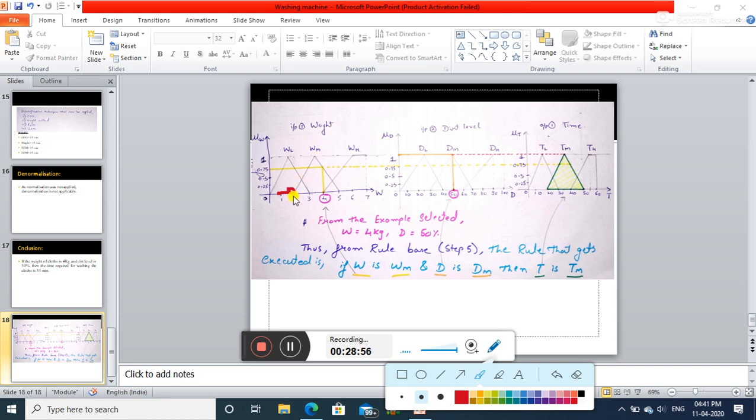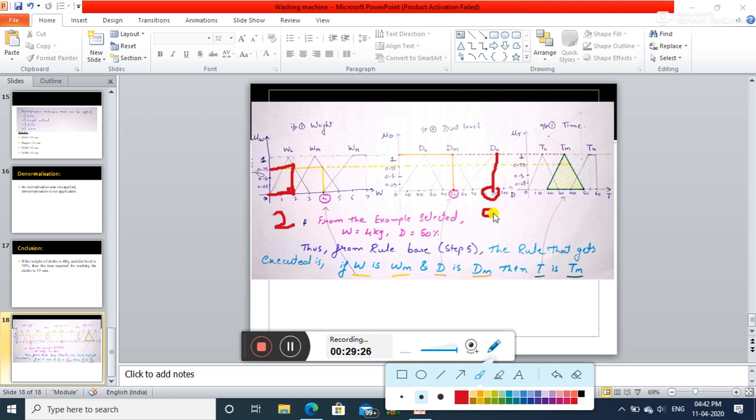Sorry, in medium weight it has a degree of membership of 0, whereas in low weight, if I just consider here, it is around 0.75 or 0.8. So if my weight is 2 kgs, and let us say that the dirt level is 90%, then 90% is lying in the category of high.